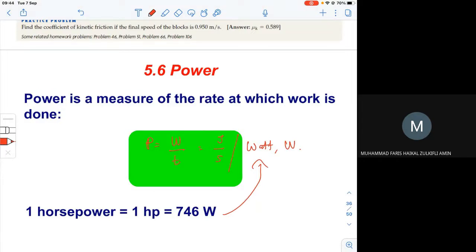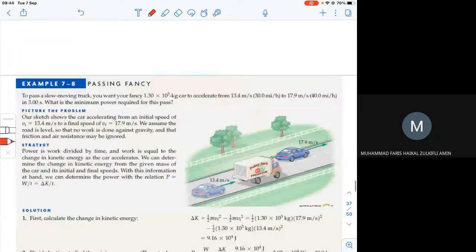Okay, so one horsepower is equivalent to, this is how we're gonna relate between watt and horsepower. So 746 watt is equivalent to 1 horsepower. Okay, so let's look at the examples.